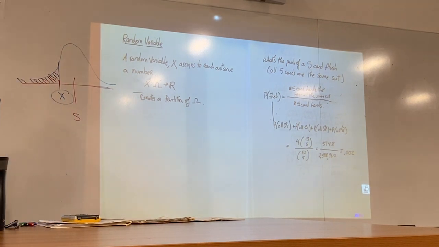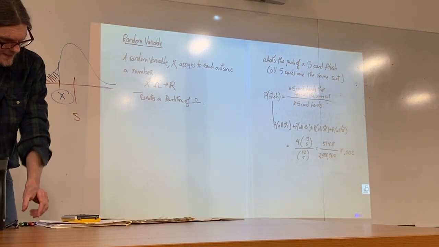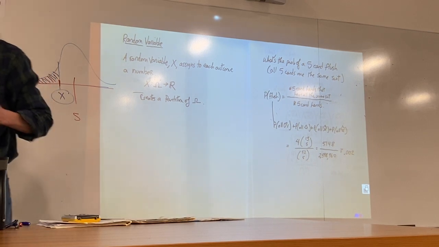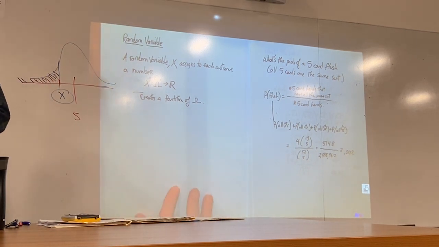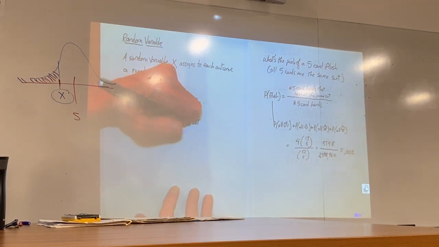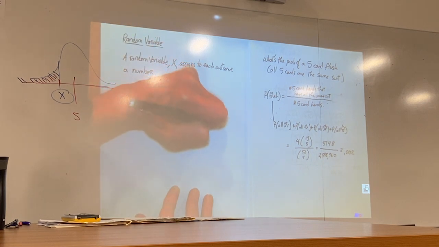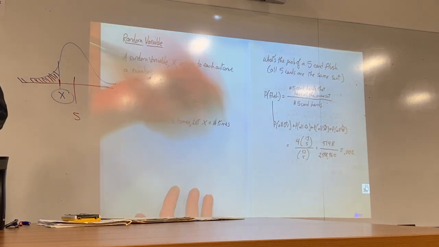Now, for example, simple: toss a coin 5 times. Let X equal the number of times it lands on heads.